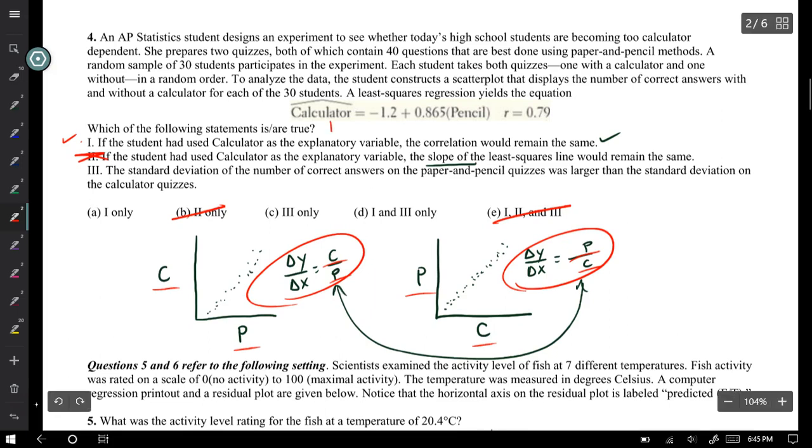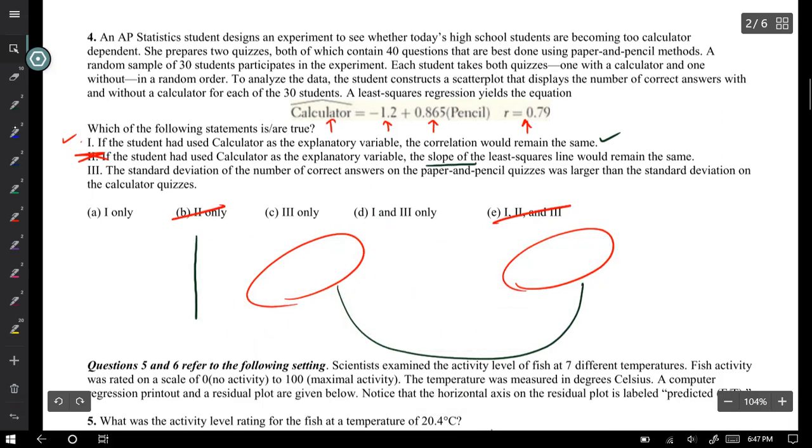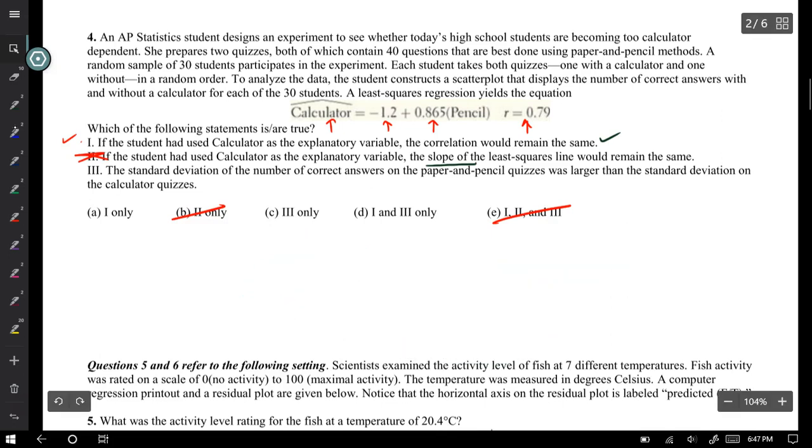I'm given a predicted value, I'm given a y-intercept, I'm given a slope, and I'm given r. So here's what we know. So let me get rid of this because we've already eliminated those. We know that b, our slope, equals r times the standard deviation of the y over the standard deviation of the x.